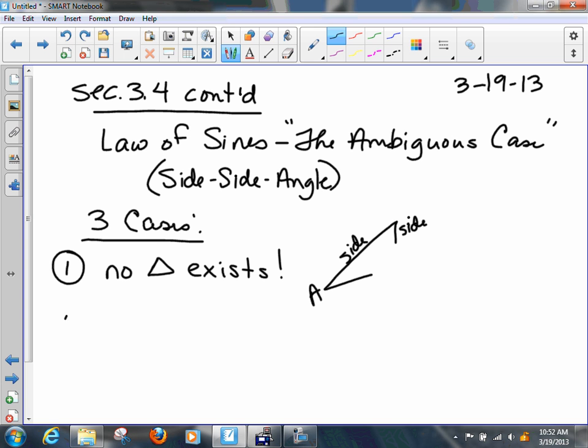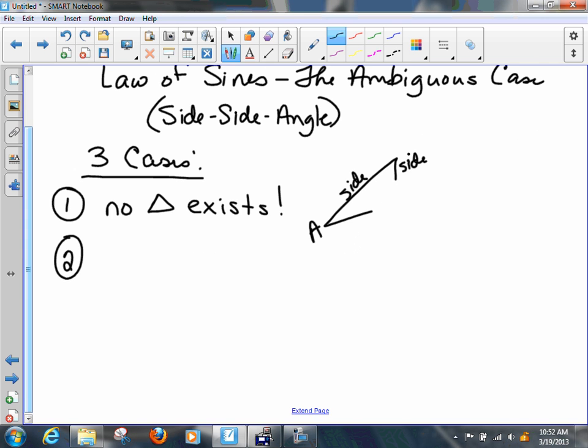The second case, you'll see what mathematically that looks like. The second case is one triangle. Only one triangle exists.